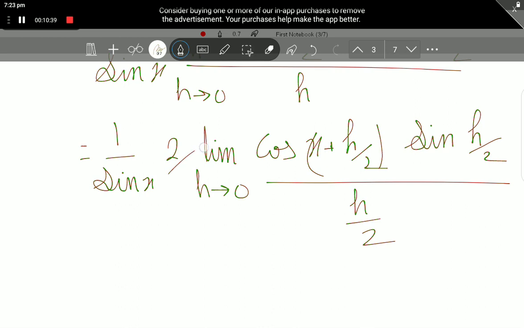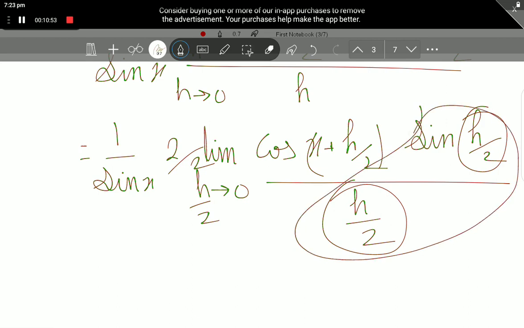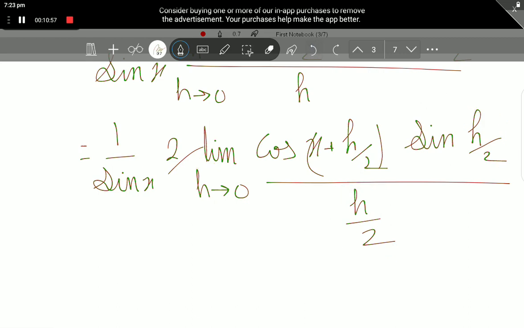So we can divide by 2 throughout, and this quantity is 1 in the limiting case.